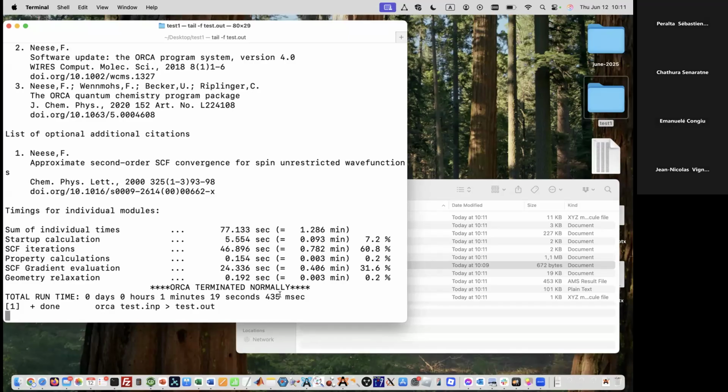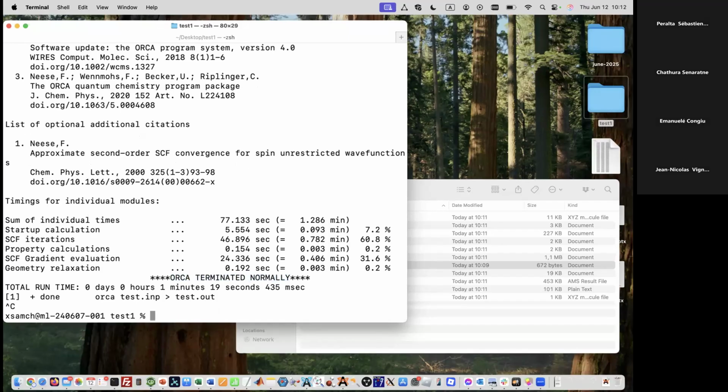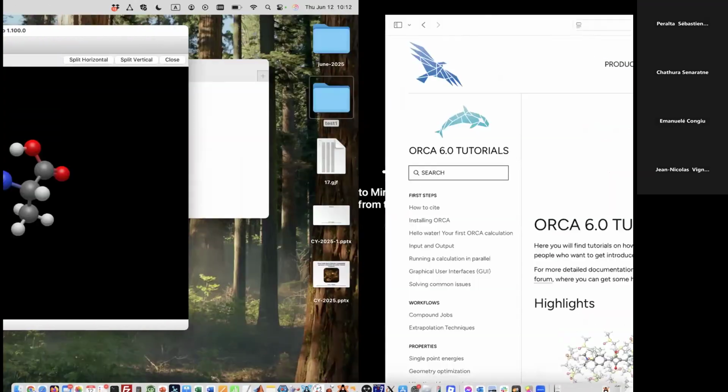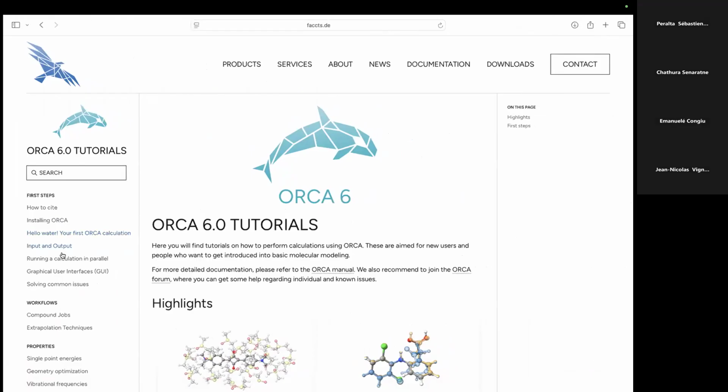Okay, now the computation is finished. When it is finished, it says ORCA terminated normally, which is nice. And now let's go back to the tutorial.